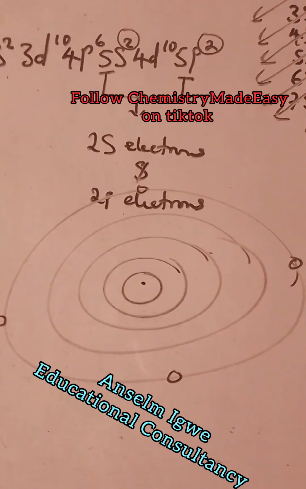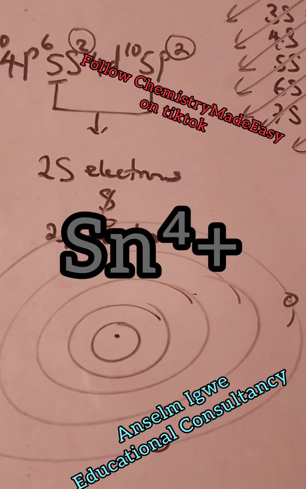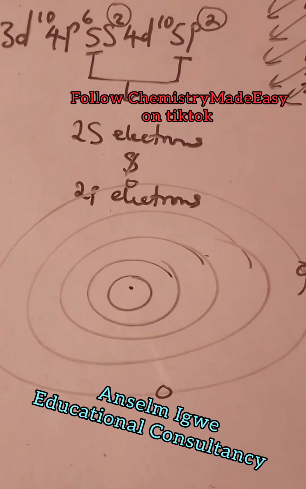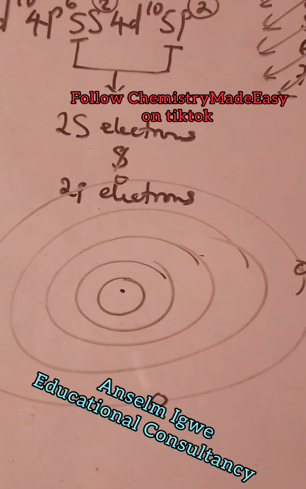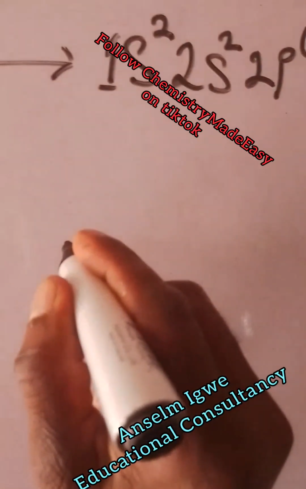Why? Because tin has a very large charge according to Fajan's rule, so it undergoes more of covalent bonding. How does it covalently bond with other elements to form compounds? There are 2 ways.